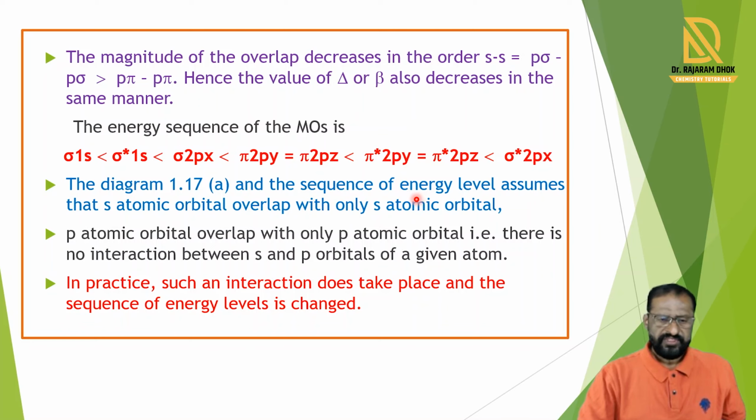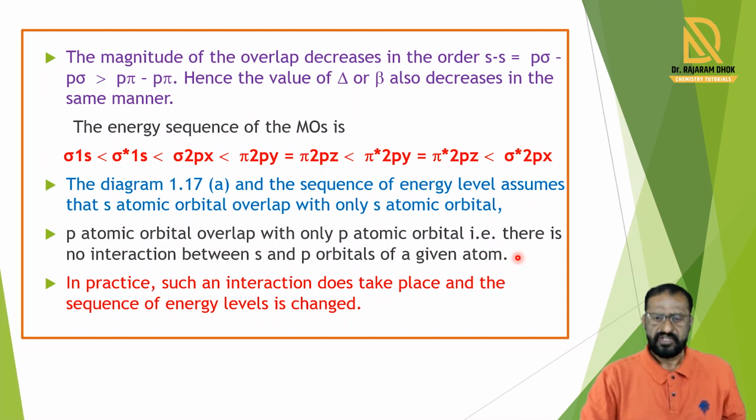Now when these p atomic orbitals overlap with only p atomic orbital, there is no interaction between s and p orbitals in this diagram.